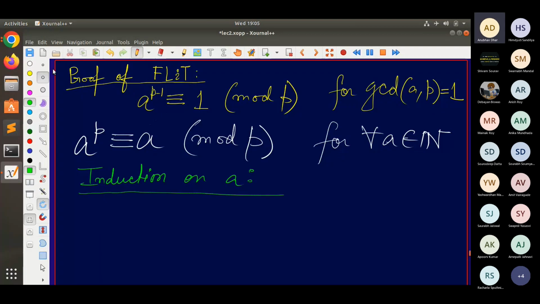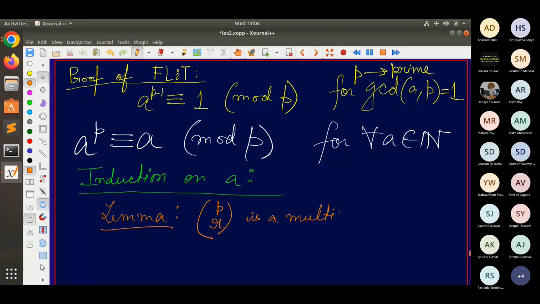But before that, I will try to provide you some lemma that this value p choose r, for prime p, so p is a prime as defined, I think I should write that p is a prime, this value is a multiple of p for r strictly greater than 1 and strictly less than p.